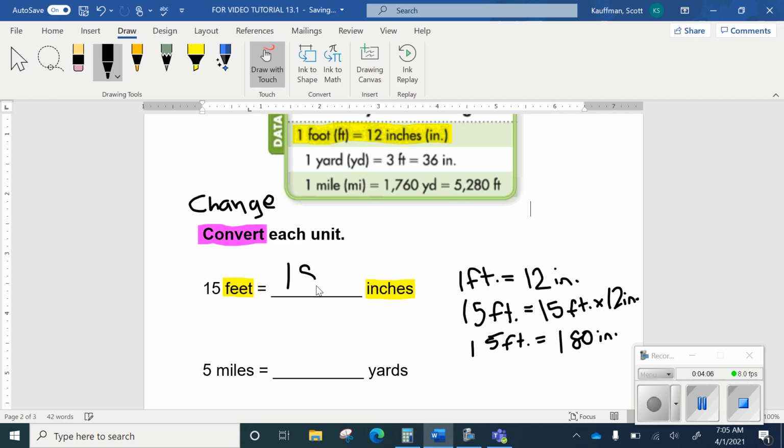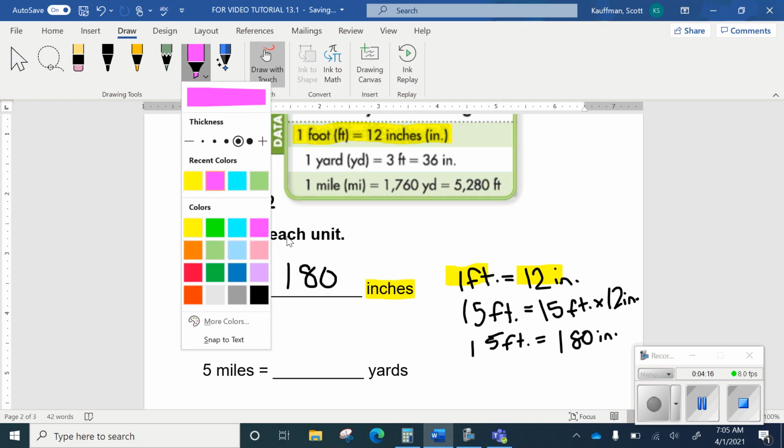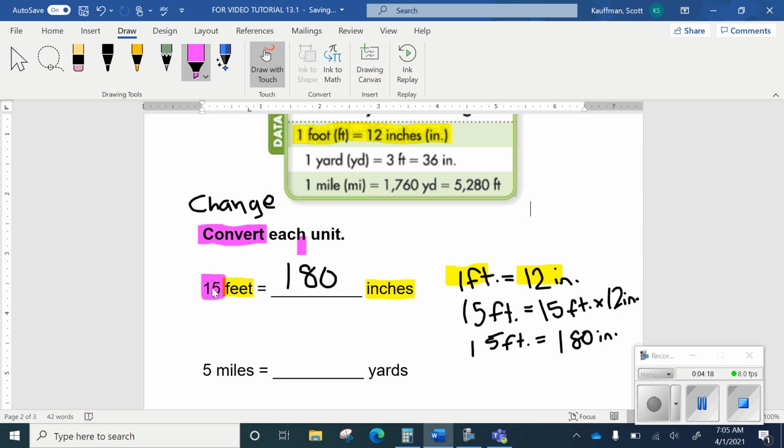So I can write 180 inches. And that makes sense because the number of feet is less than the number of inches. So in my answer, my number of feet should be less than my number of inches. That's a good way to check at the end to make sure that what we did makes sense.